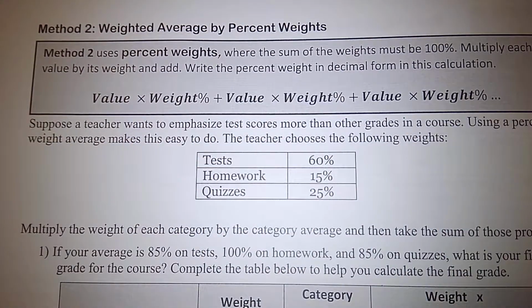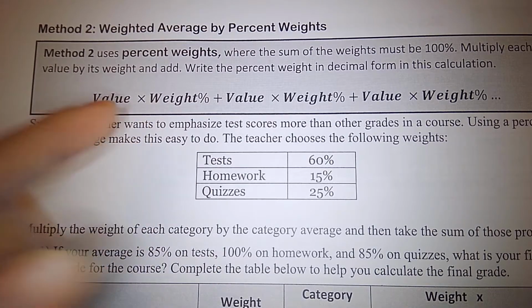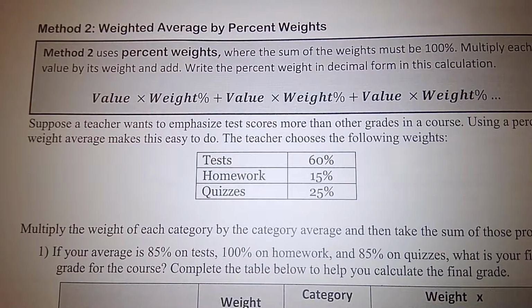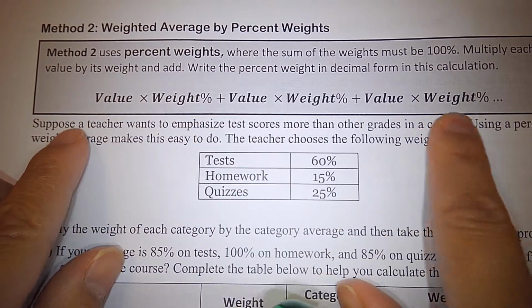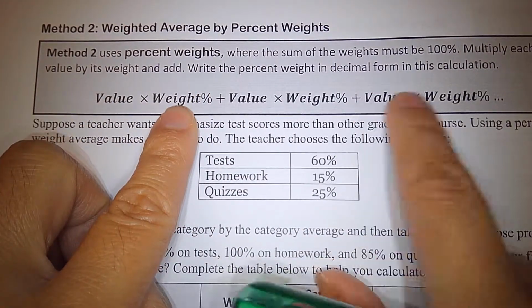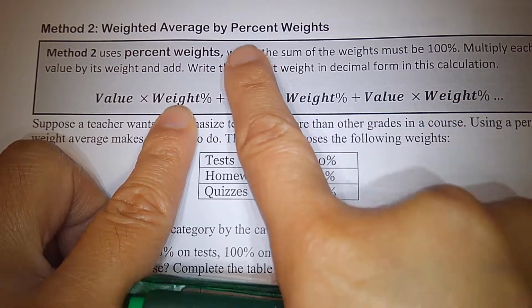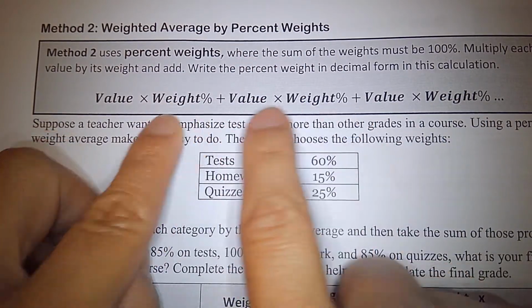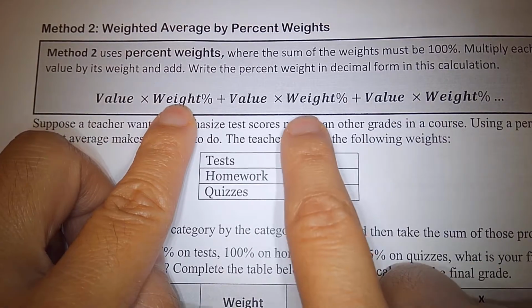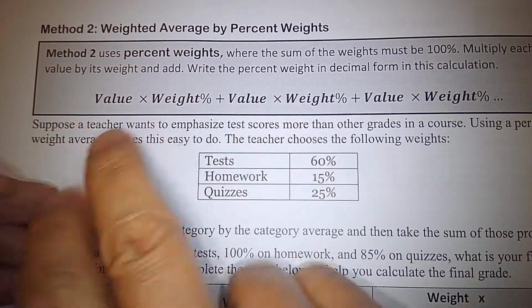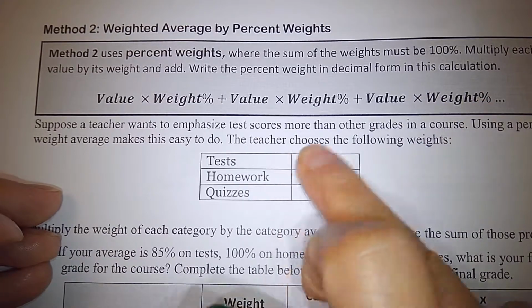Now guys, let's compare this formula with the previous one, the count method. For this second method, do we have a denominator when we use the percent weight? Yes or no? Do we have to divide by anything? No. So when we multiply by the percent, there will be no denominator anymore.